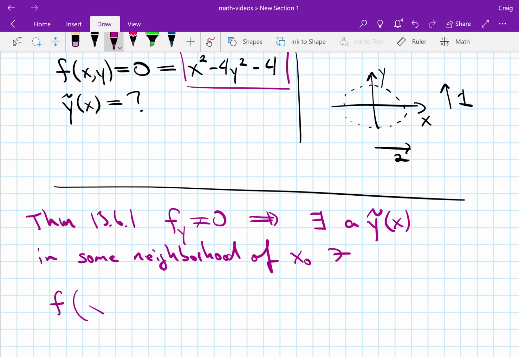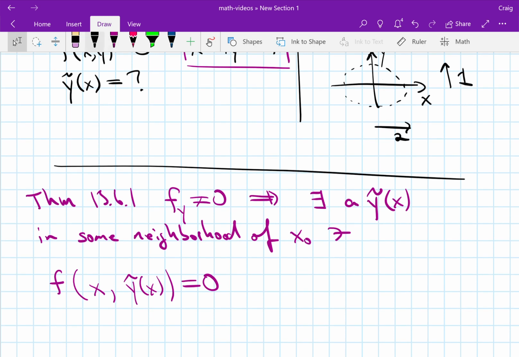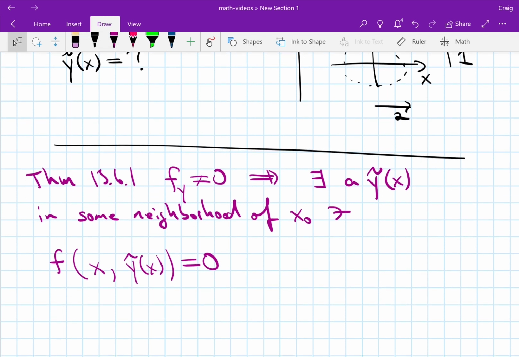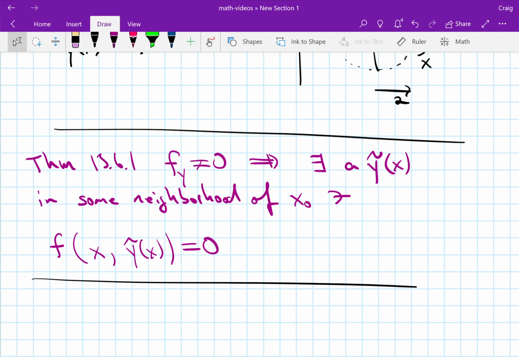So f, evaluated at x and y tilde of x, gives us the constraint realized. Now let's think about a couple different values of x and y that satisfy the constraint relation and see if we can define a y tilde starting from that particular x value.